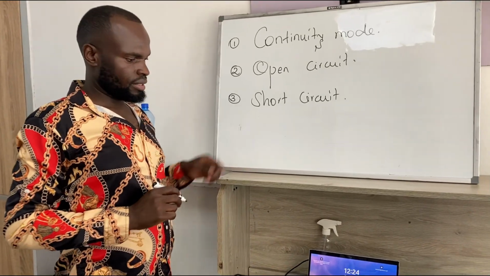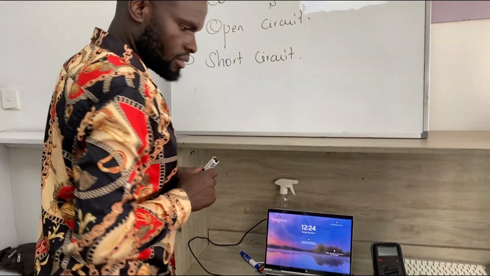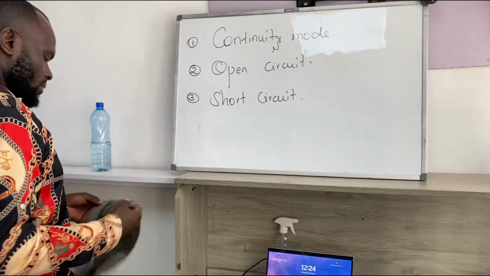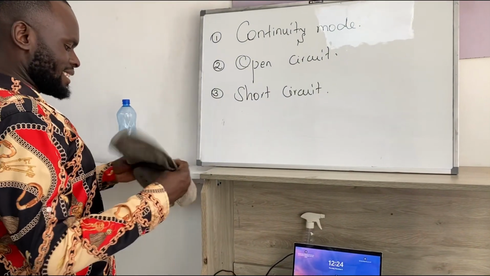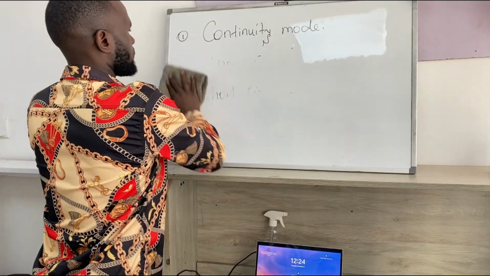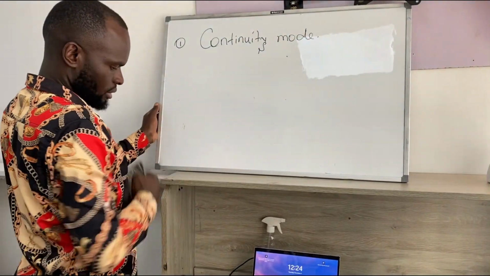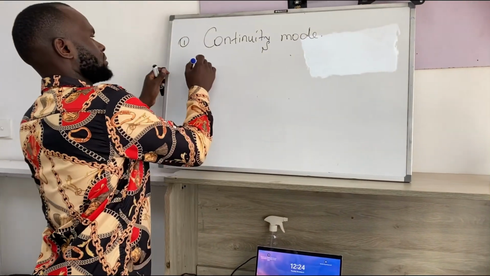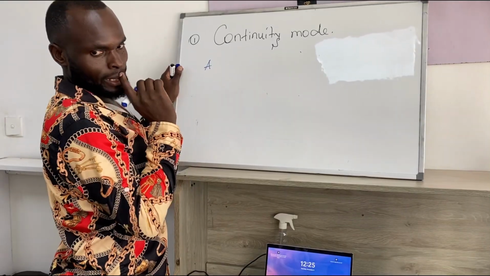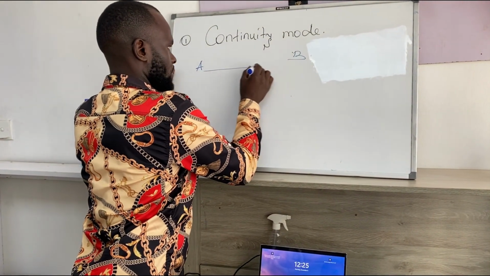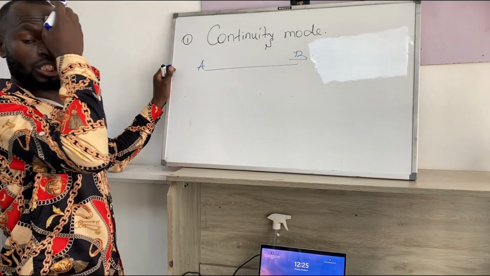Now, under continuity mode, we are going to begin with continuity mode. A certain point, which we are calling point A, is linked to another point B via a continuous line.